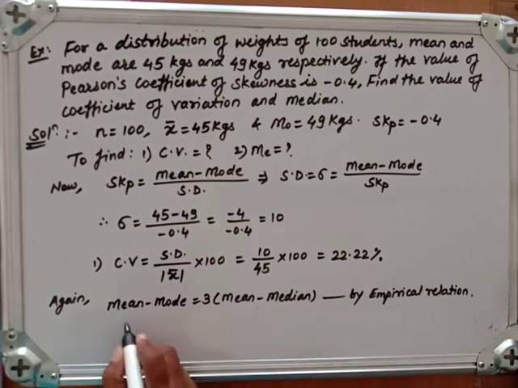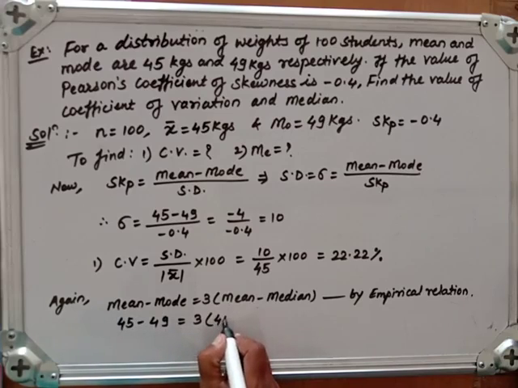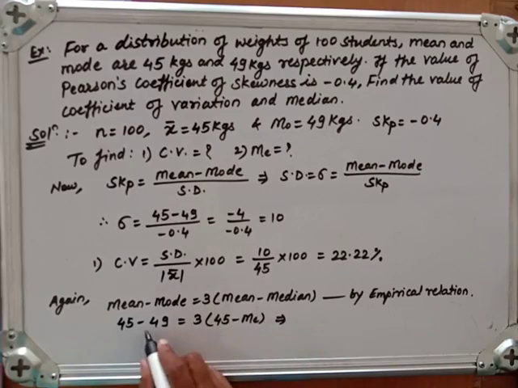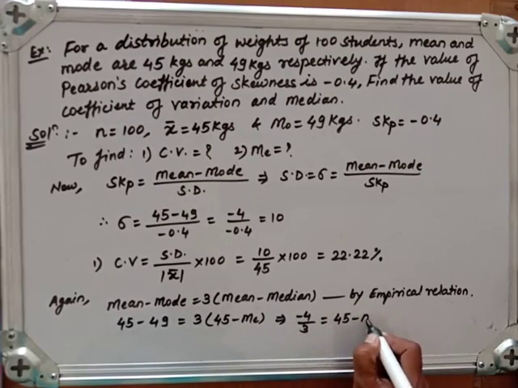Here mean is 45, minus mode is 49, equal to 3 times mean again 45 minus median. So what does this give? This is minus 4 upon 3, I can write, equal to 45 minus median.